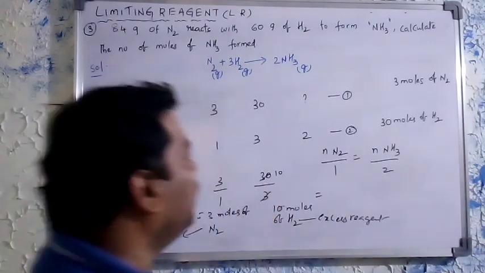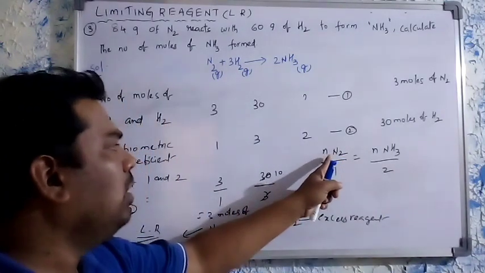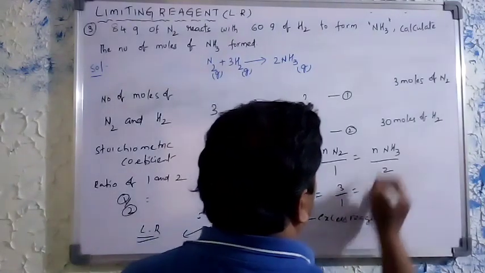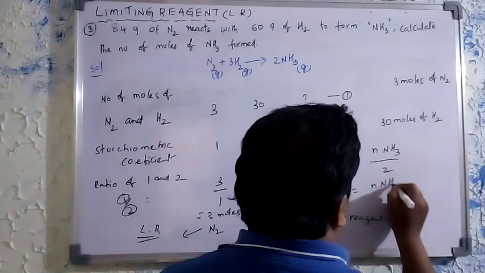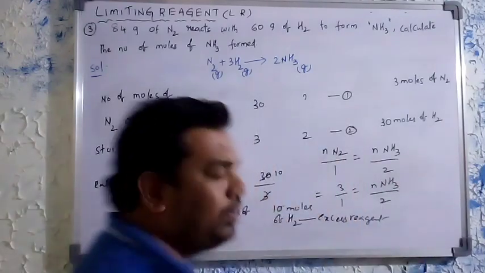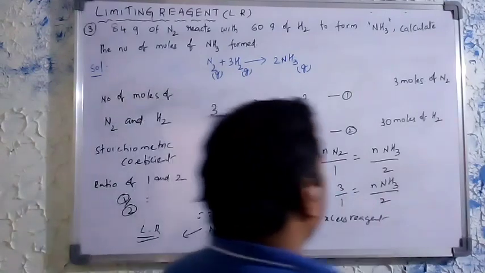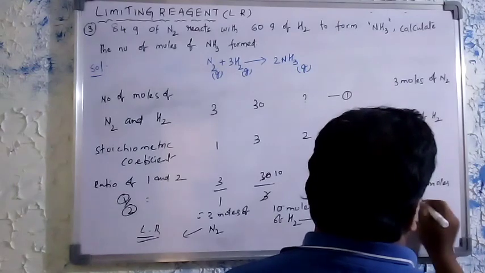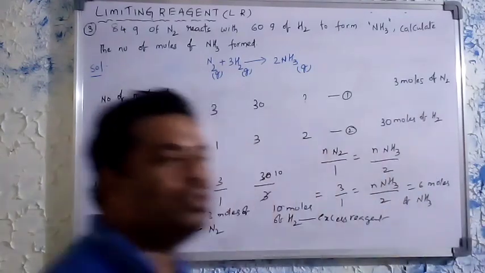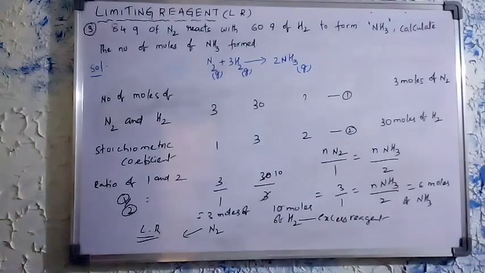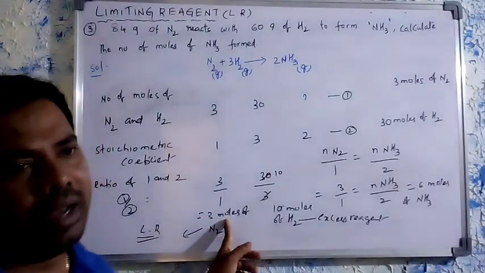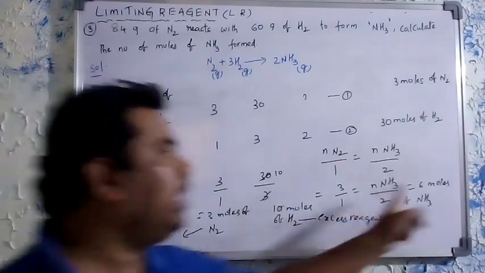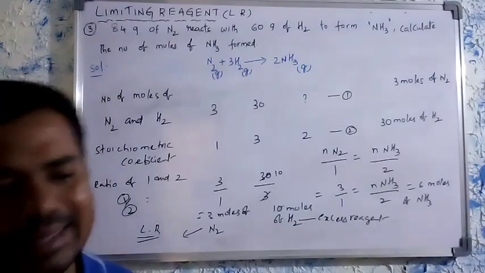So 3 moles divided by 1 equals number of moles of ammonia formed, that is 3 into 2, equal to 6 moles. 6 moles of ammonia is produced, meaning 3 moles of nitrogen and 9 moles of hydrogen gas react with each other and form 6 moles of ammonia as a product.